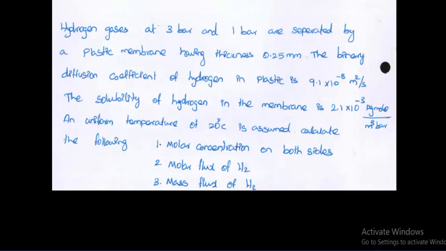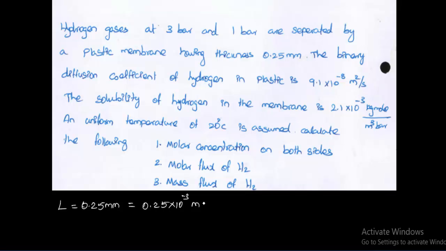And in the next problem, hydrogen gases at 3 bar and 1 bar are separated by a plastic membrane. So here also the word plastic membrane is given, so it is a membrane type problem, having thickness of 0.25 millimeter, right? So first write L equal to 0.25 millimeter, which is equal to 0.25 into 10 to the power minus 3 meter.